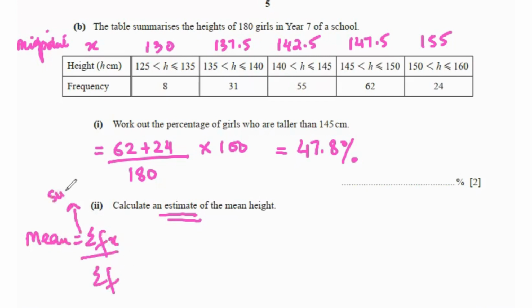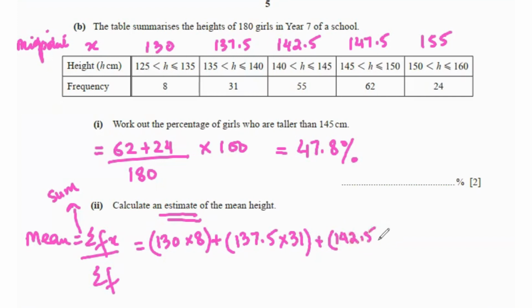Sigma means sum, which means we multiply 130 and 8, then add that to the product of 137.5 times 31 plus 142.5 times 55 plus 147.5 times 62 and then plus 155 times 24.